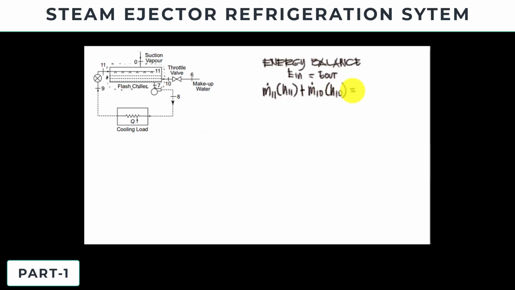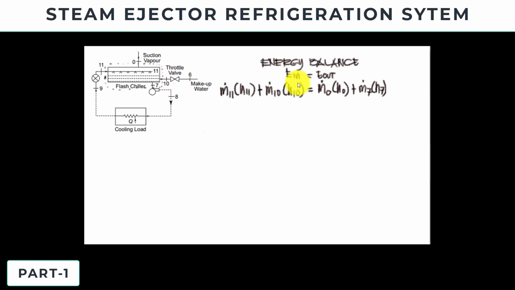And this is equal to, so that's all that is entering, we have 2, that is 11 and 10. And what is leaving is the mass flow rate of the vapor, m_o, multiplied by the enthalpy o, plus the circulating water going to the load, that will be the mass flow rate 7 times the enthalpy 7.